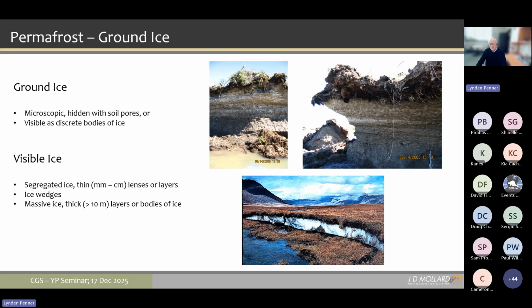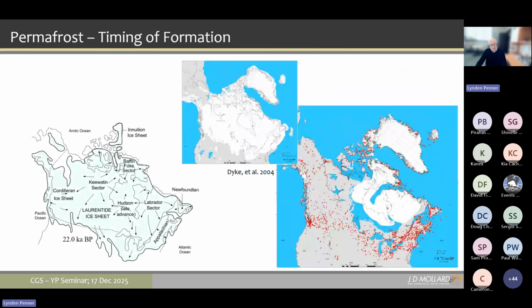And within an organic terrain, you can develop these very discrete layers of segregated ice, which can be millimeters thick, centimeters, or even tens of meters, large bodies of ice. So that's really one of the key factors to look at, whether or not it's not just permafrost, but is it ice-rich permafrost.